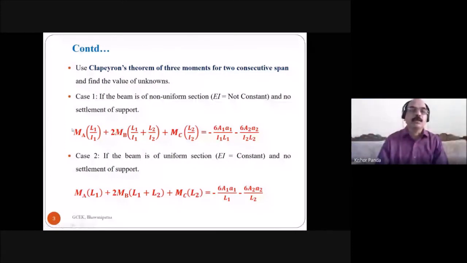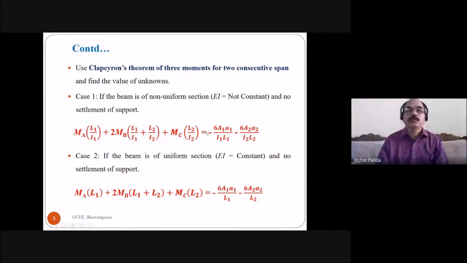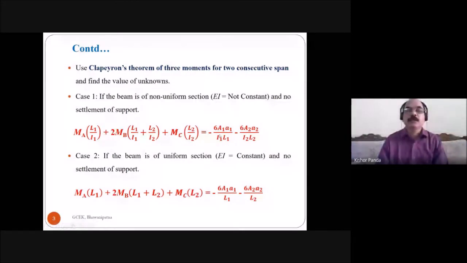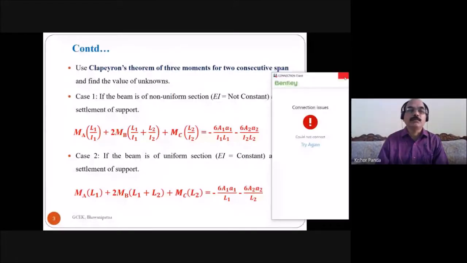MA L1 by I1 plus 2MB (L1 by I1 plus L2 by I2) plus MC L2 by I2 is equal to minus 6A1 x1 by I1 L1 minus 6A2 x2 by I2 L2. MA is the moment at support A, MB is the moment at support B, and MC is the moment at support C. I1 is the moment of inertia of span AB, I2 the moment of inertia of span BC.